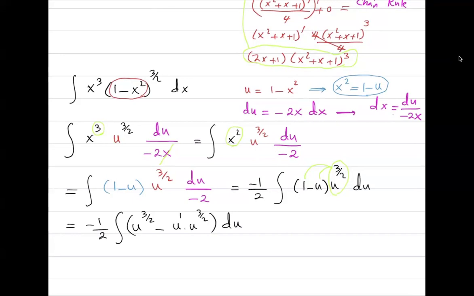Very good. So how do you find this integral now? This is equal to negative a half, the integral of u to power 3 halves minus u to the power, because they have the same base, you're adding the exponents together. This becomes 5 over 2, and then du.